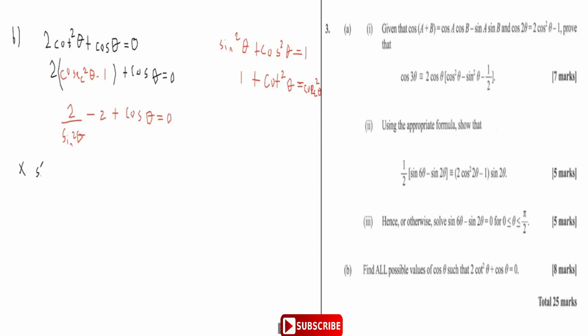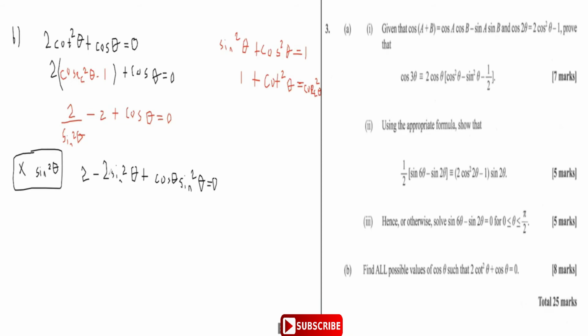Just multiply through by sine squared. Then the equation becomes 2 minus 2 sine squared theta plus cos theta sine squared theta, and it's still equal to 0 because sine squared theta times 0 is just 0. Anything times 0 is 0. So this is still going to give you 0. Then what do you do next?